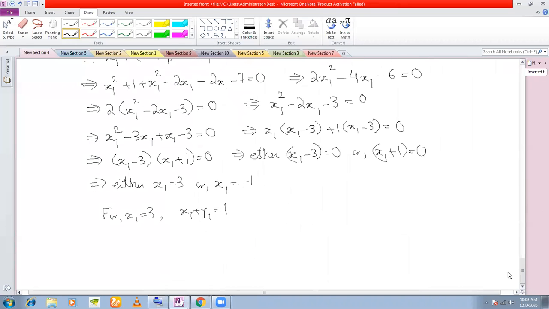Put the value and get the value of y1. 3 plus y1 is equal to 1. That means y1 is equal to 1 minus 3, which is minus 2, right? So for x1 is equal to 3, we are getting y1 is equal to minus 2. Next, for x1 is equal to minus 1, x1 plus y1 is equal to 1 again. That means put the value here.